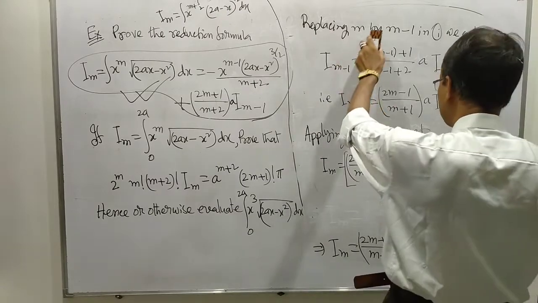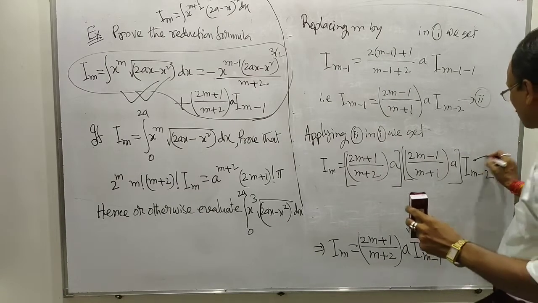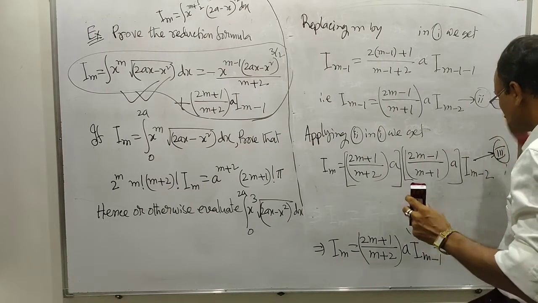Now, replacing m by m minus 2. Suppose this is number 3.